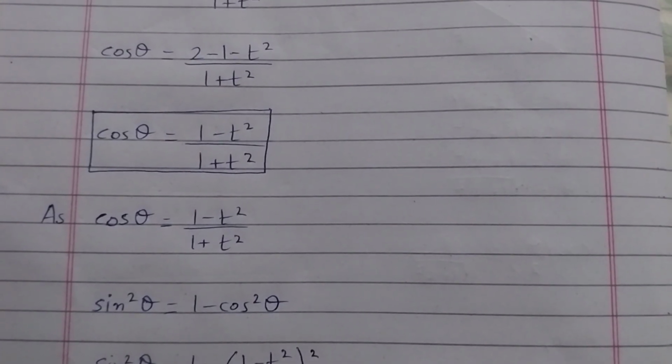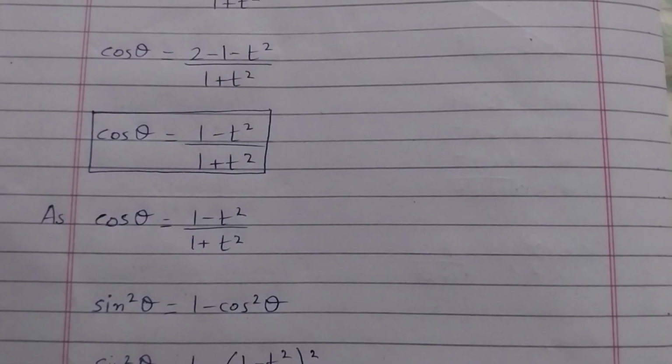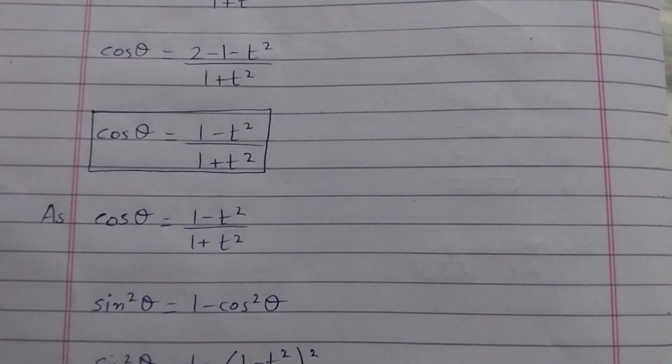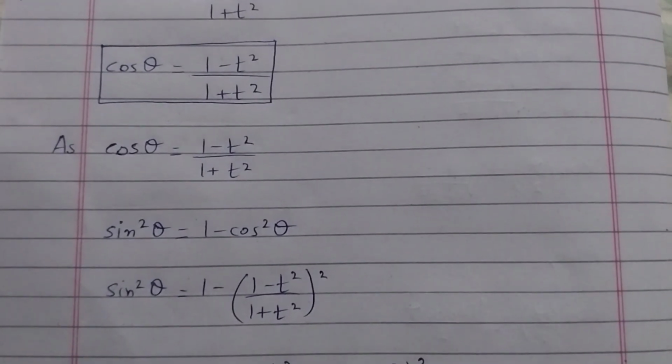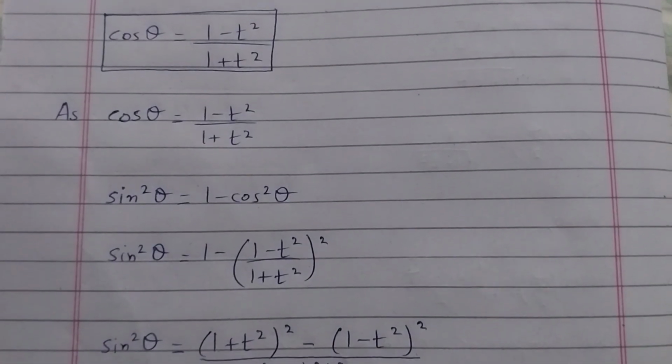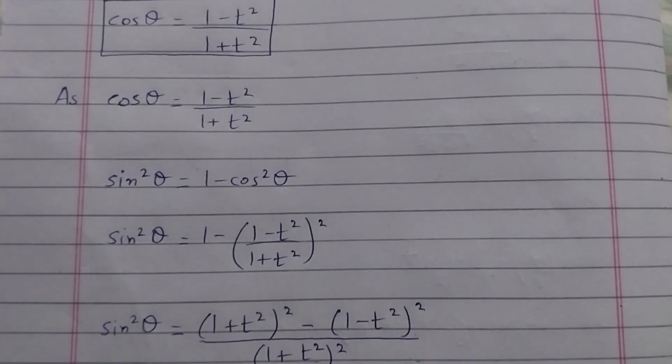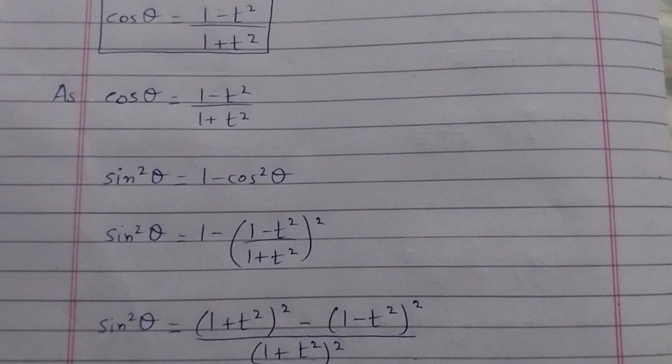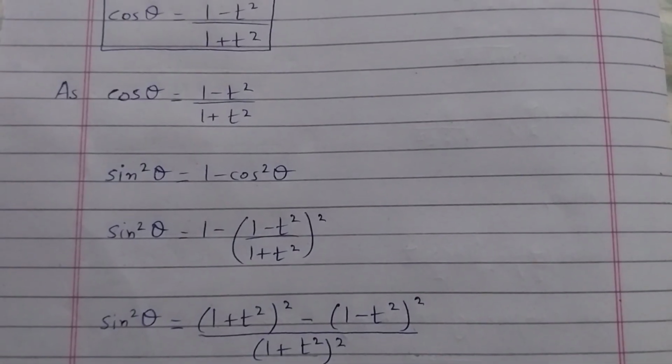So in order for us to evaluate that integral, we need three things: cos theta, sin theta, and d theta. So cos theta, we have found the value of cos theta. Now we need to find the value of sin theta. So cos theta is equal to 1 minus t squared over 1 plus t squared, and sin square theta, as we know, is equal to 1 minus cos square theta for any angle.